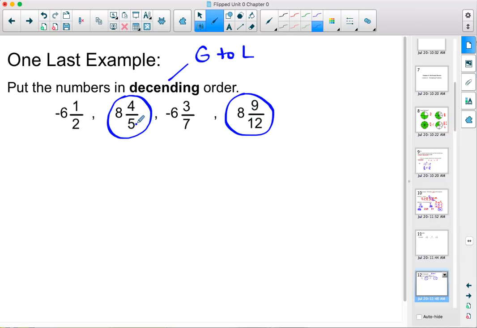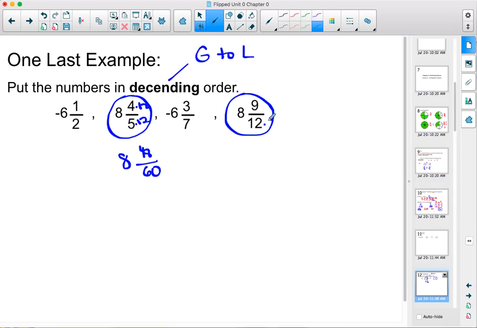My common denominator here is going to be 60. Now I know that because I've been doing this a long time, but we could do our LCM listing methods or our prime factorization method to figure that out. 5 times 12 gets me 60, so I have to multiply the numerator by 12 as well. That gets me the fraction 8 and 48/60 here.